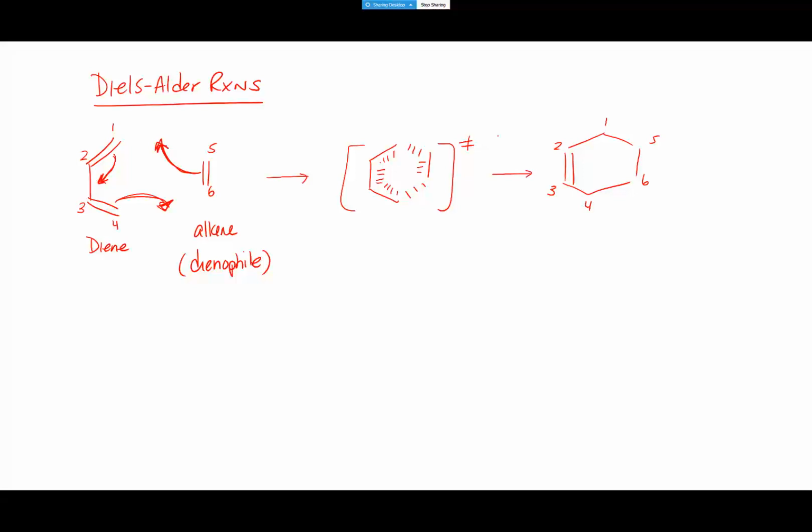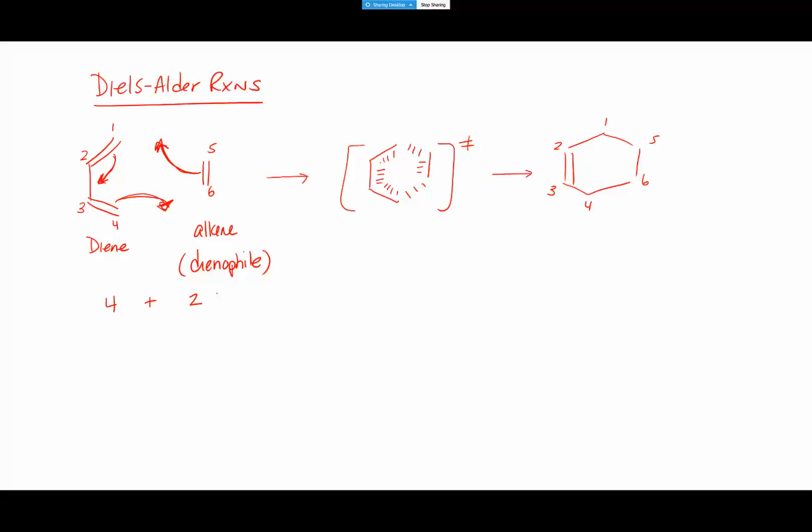And there are other types of reactions that have electron movements like this. This is technically what's called a 4+2 addition, because I'm using a 4-carbon chain or 4 pi electrons adding to 2 pi electrons, or adding to 2 carbons.